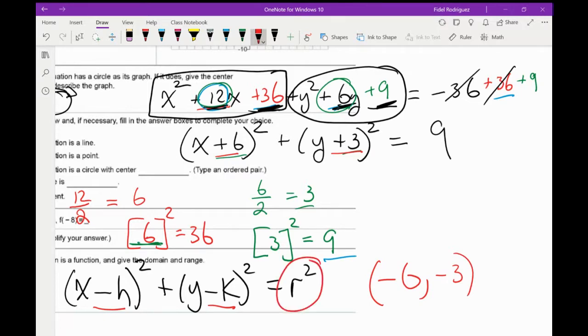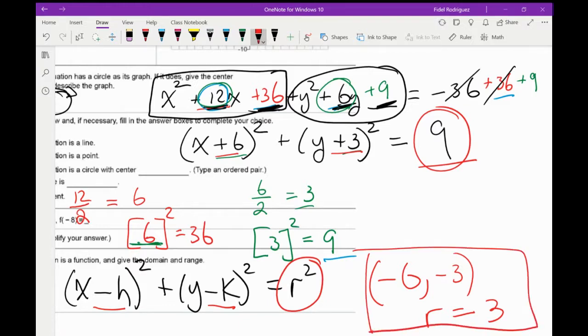The last number is the radius being squared. So then we've got to figure out, well, what number, when I square it, gives me 9? And we would say 3. 3 is a number that when I square it gives me 9, right? So the center of my circle is -6 and -3, and the radius is going to be 3.